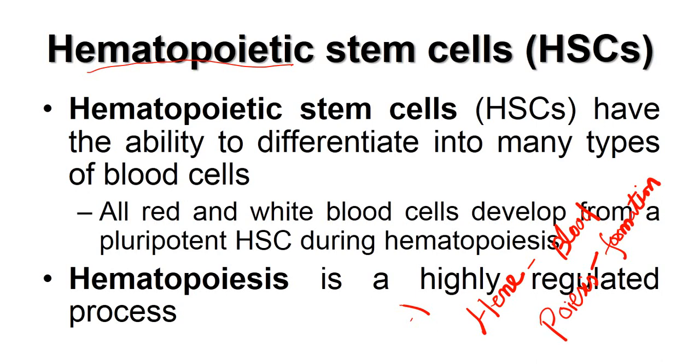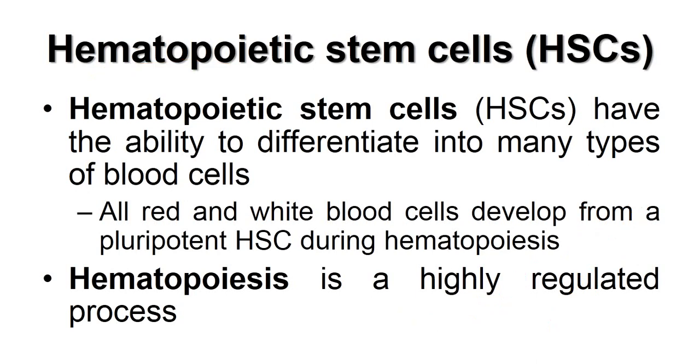Before the formation of new blood cells takes place, we have to understand what hematopoietic stem cells are, because it is said that all immune cells arise from this hematopoietic stem cell. So what is this hematopoietic stem cell?